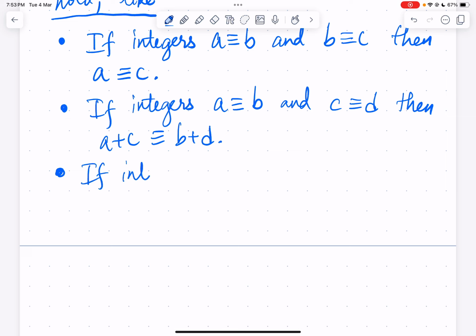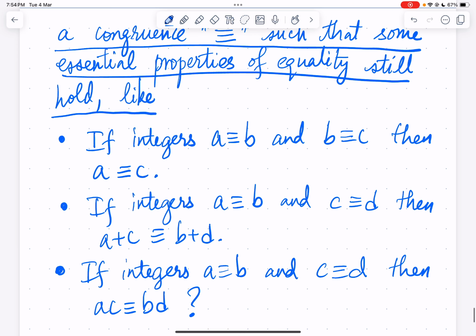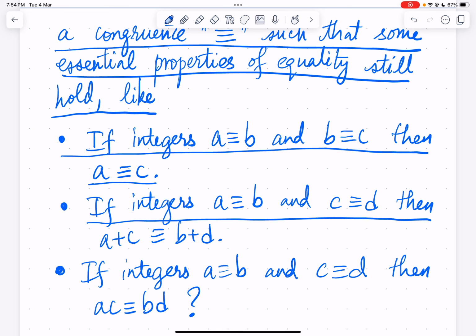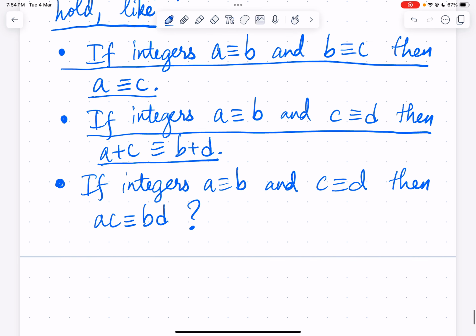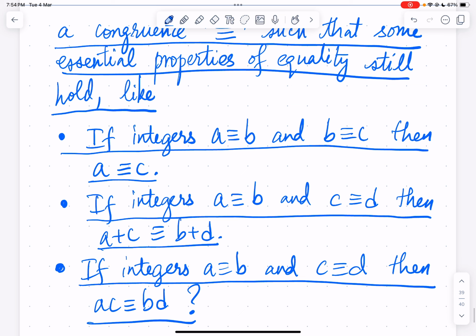If integers a is congruent to b and c is congruent to d, then ac is congruent to bd. Can we weaken the equality operation to a congruence operation such that some essential properties of equality still hold? Like, if a is congruent to b and b is congruent to c, we can say a is congruent to c.